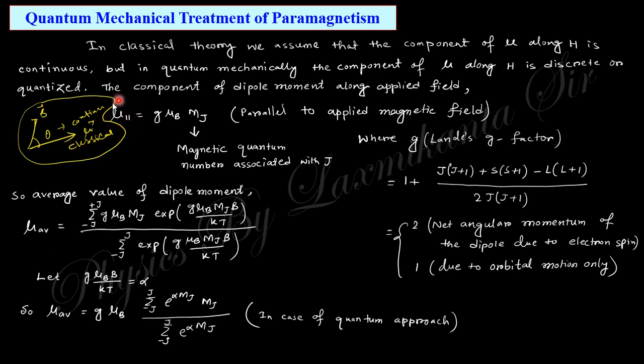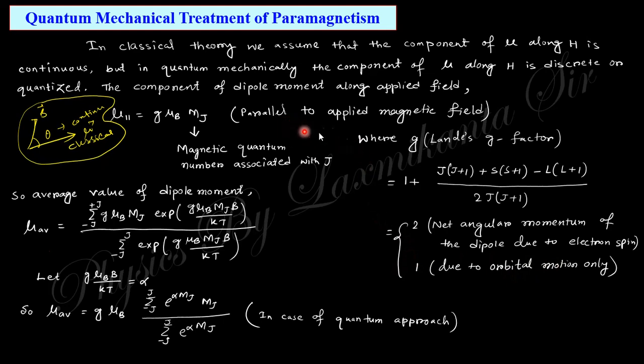Okay, so this is the difference between the classical and the quantum situation. So mu parallel, which is the component parallel to the magnetic field, is nothing but g mu B mj. This is actually obtained from atomic physics. In your previous semester, I think you learned this relation in atomic physics. And g is the Landé factor, whose expression will be like that. It is 2 for the net magnetic moment of the dipole due to electron spin, and 1 for orbital only.